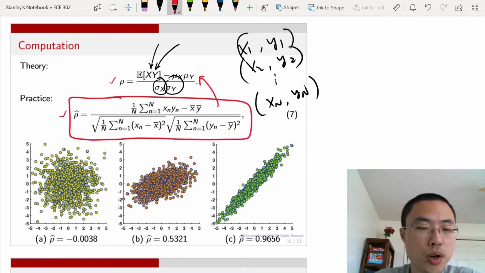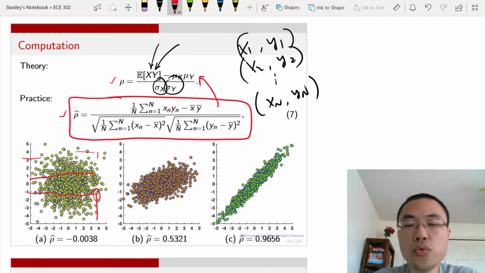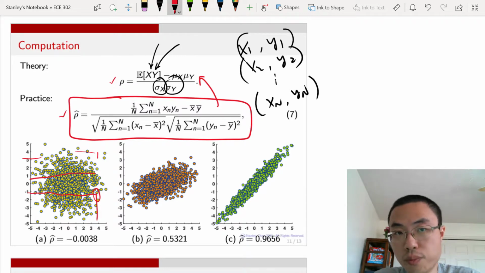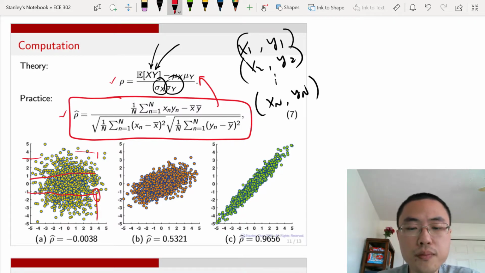By knowing one point in the space, I almost have no idea of the likelihood of the other variable. For example, if x is 4, the other variable can take a value of -1, or 1, or even 3. I just don't have any clue about what my other random variable would be by knowing one of them.